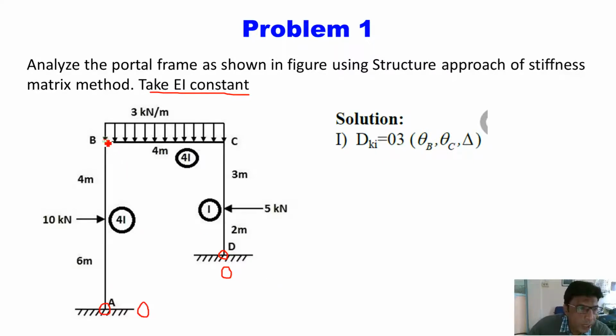Now joint B, we know that the joints in the portal frame are rigid joints, so these joints are subjected to rotations. So the very first unknown in the given portal frame is theta B, that is rotation at point B, and rotation at point C is the second unknown.